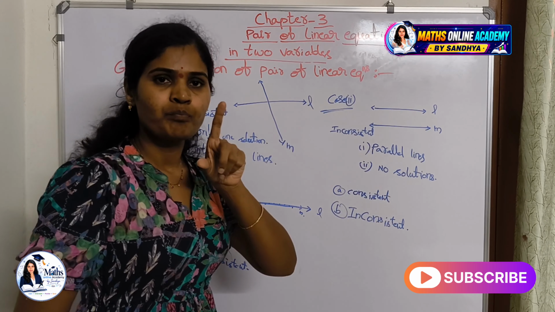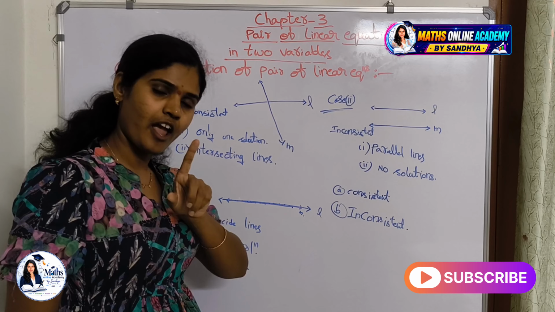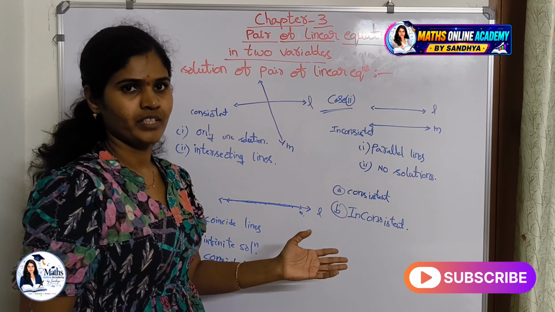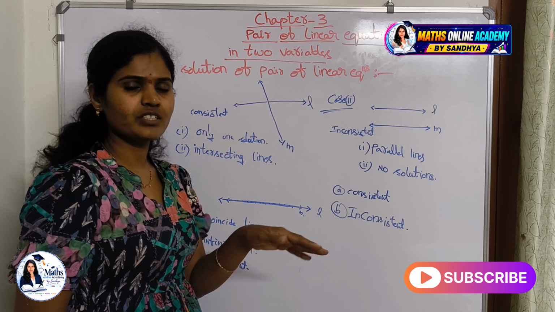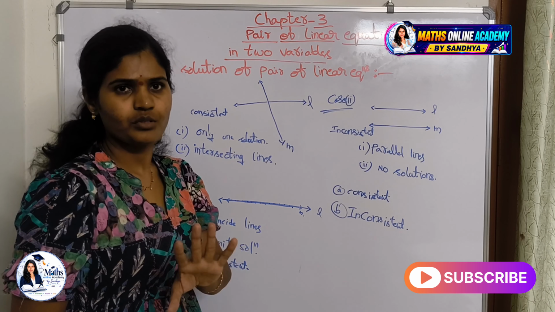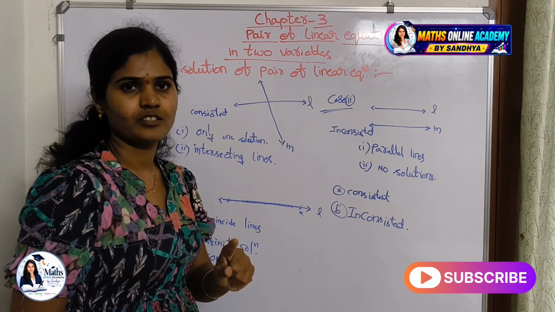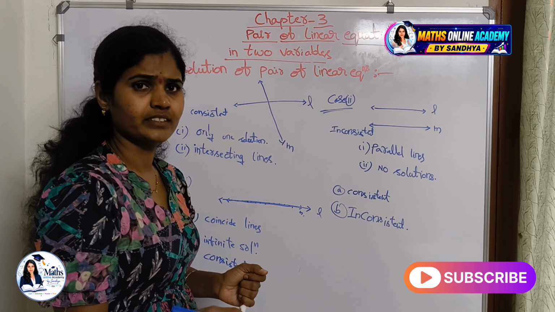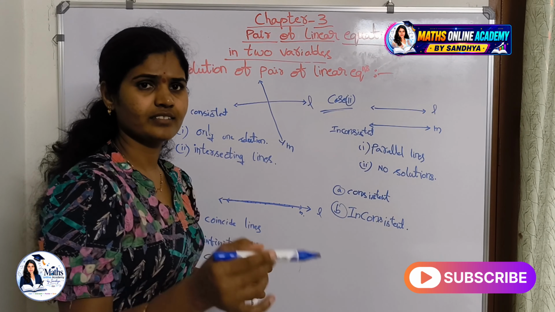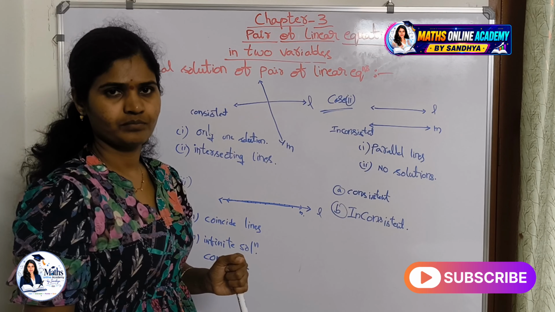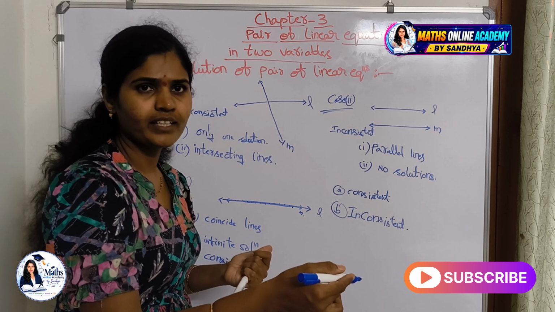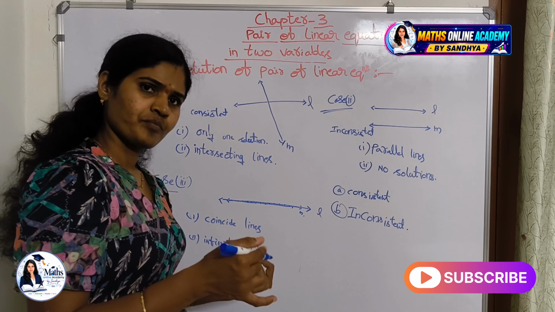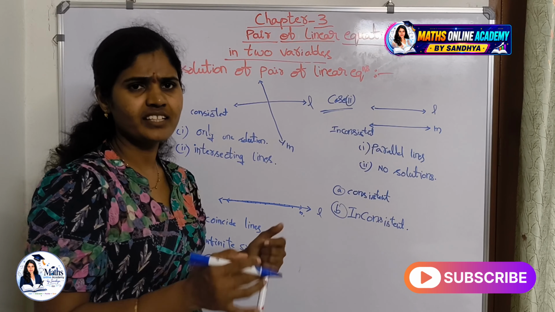Consistent means that the pair of linear equations has at least one solution. If that pair of linear equations doesn't have solutions, that is inconsistent. In the entire chapter they ask to show that this pair of linear equations is consistent or inconsistent. Like that, whether these are parallel or intersecting, or coincide lines, they ask in many ways.